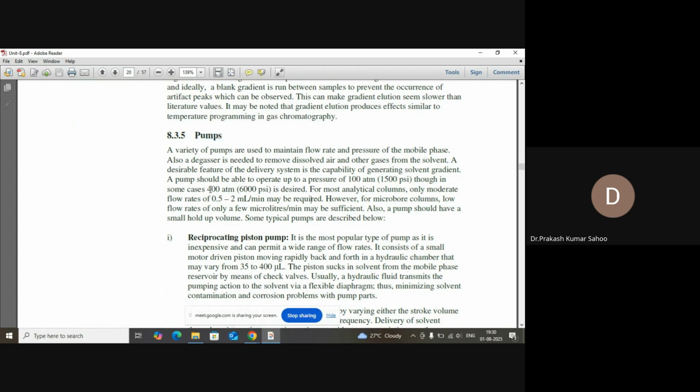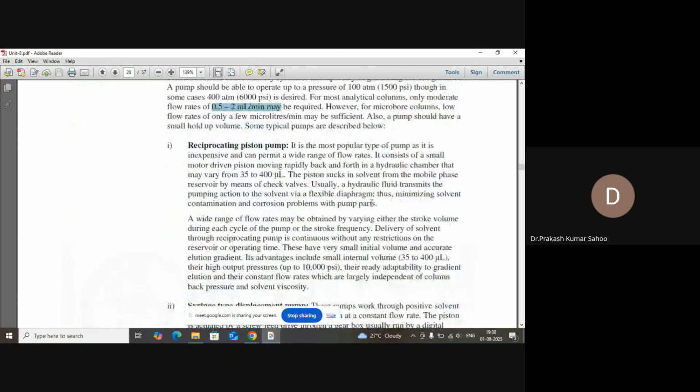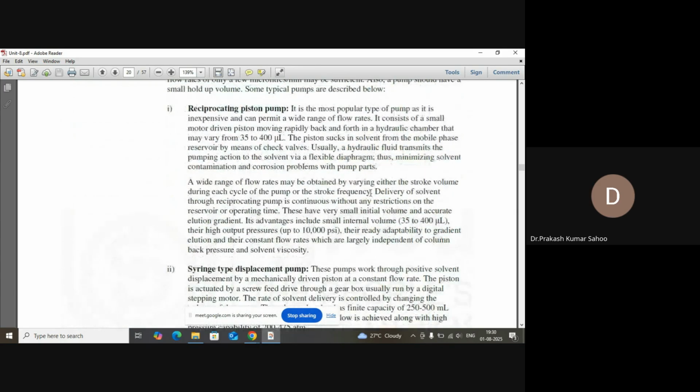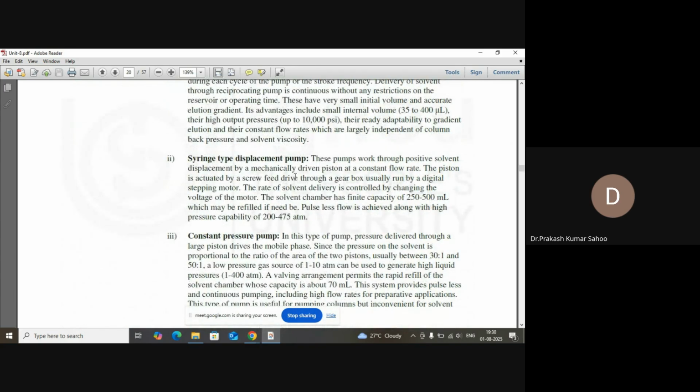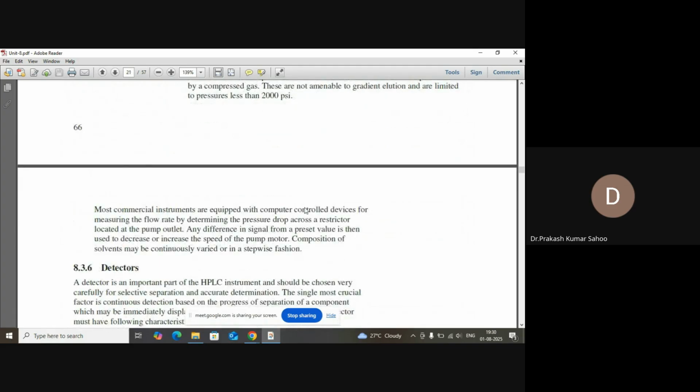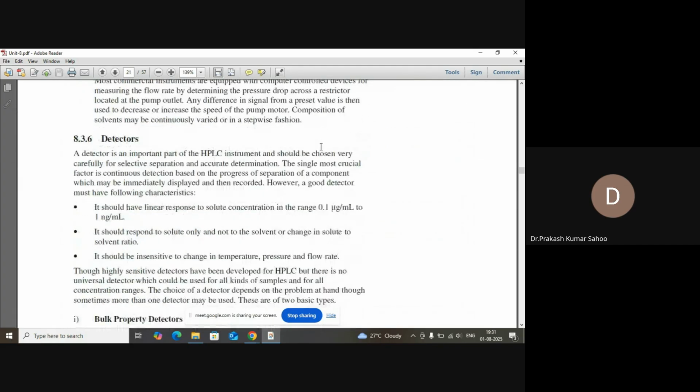What is the pump, what is the pressure created, and what is the flow rate, everything is given here. So try to read these things and find out the important sentences or the data you require for your examination. So reciprocating piston pump, syringe type displacement pump, constant pressure pump, pneumatic pump. So different pumps are also described.